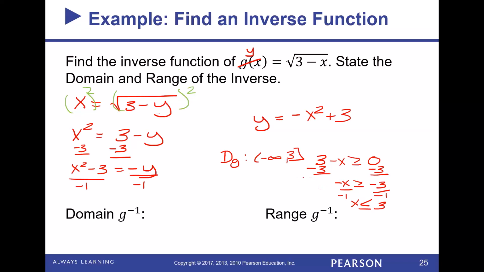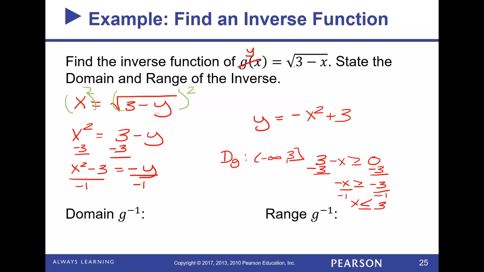Now, guys, we've done this a little bit before. If you think about it, this is basically transformations. That negative inside is a horizontal reflection, meaning that it reflects over the y-axis. And then that 3 inside is that horizontal shift.